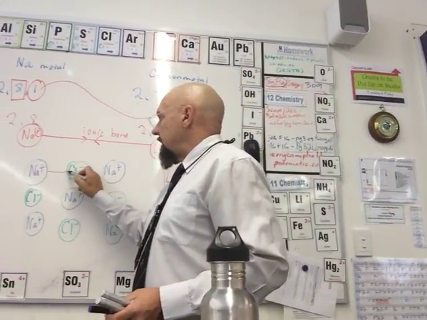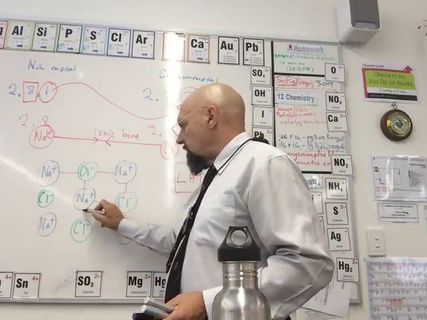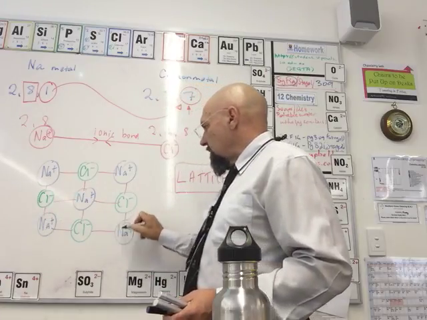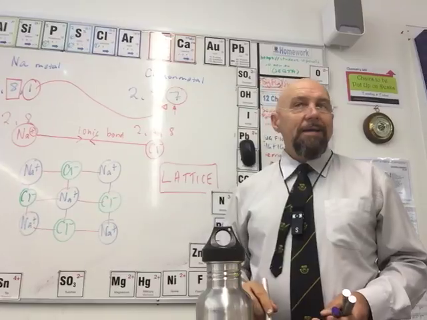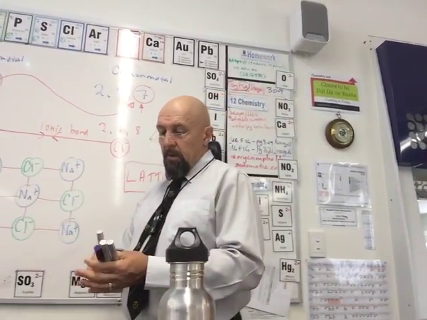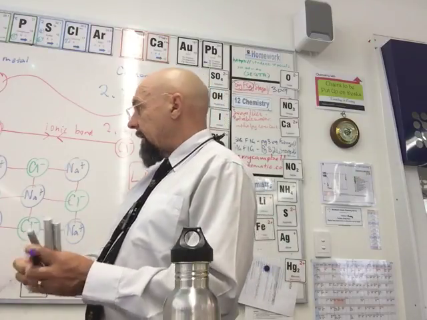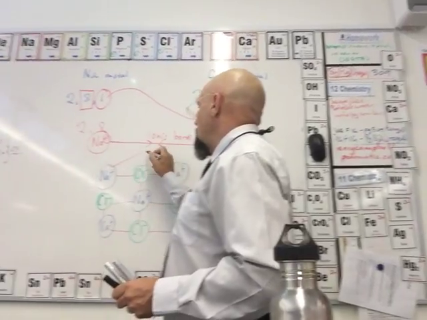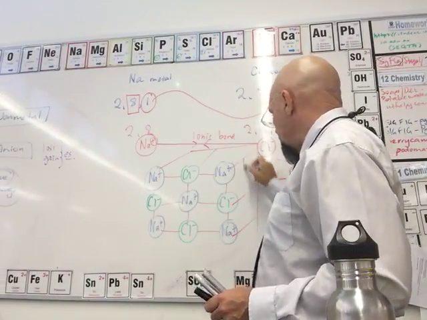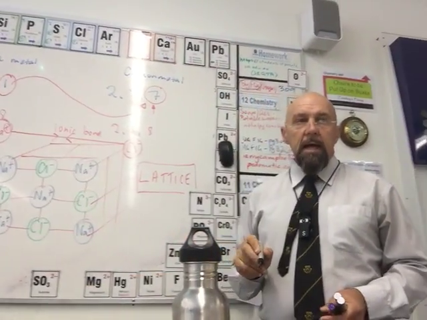So what we find is that every single oppositely charged ion, metal and non-metal, will form an ionic bond. It's the basis of a lattice structure. Now this is only a two-dimensional image, but of course that image will extend behind the board and in front of the board, and the structures that we'll look at in a minute will form a cubic structure, or we call it a cubic lattice.